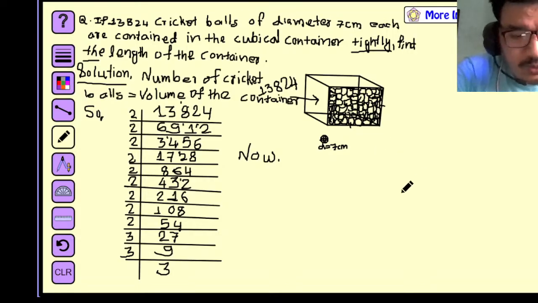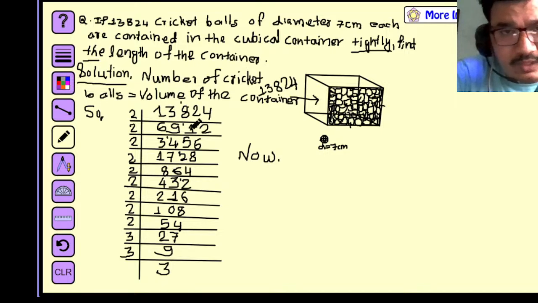As we know, cricket balls are 13,824. Now we are finding its cube root, right? Here is given, number of cricket balls equals the volume of the container.